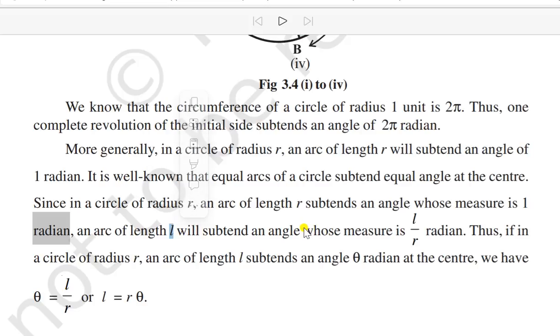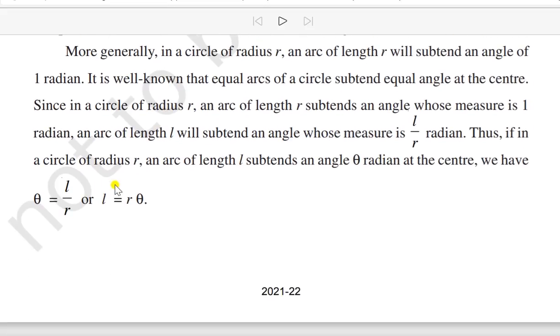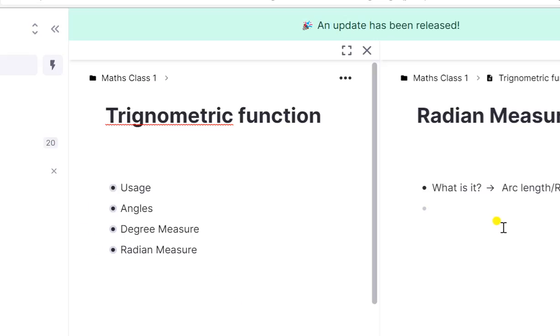Then the measure of the angle will be L by R radian. That is it. So the value of the length L will be the measure of the radian into R, basically.